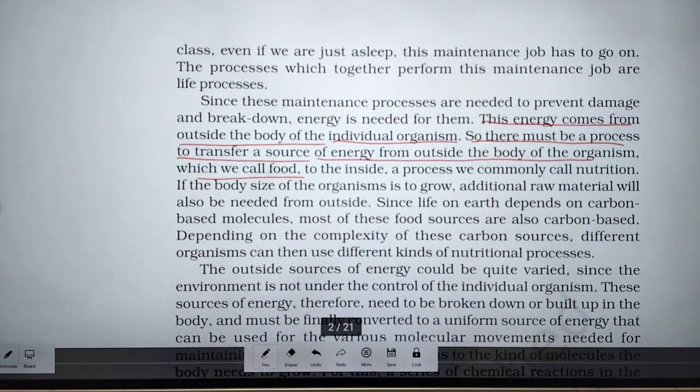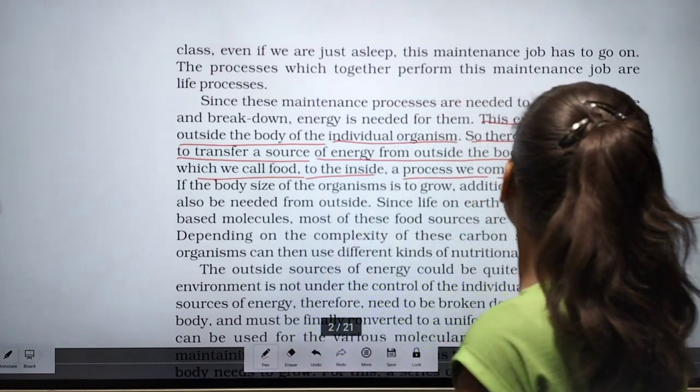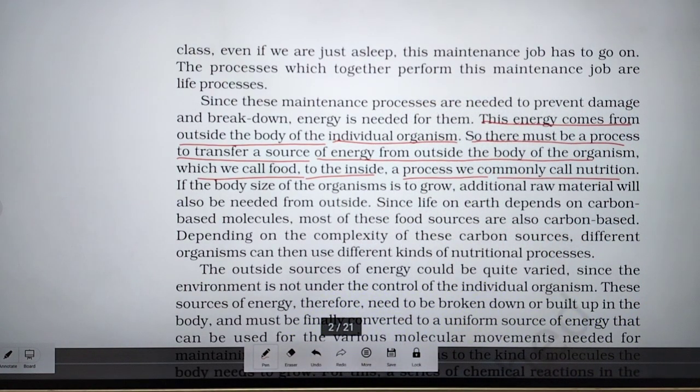Here it is written that there must be a process to transfer a source of energy, which we call food, from the outside of the body of the organism to the inside. A process we commonly call nutrition.